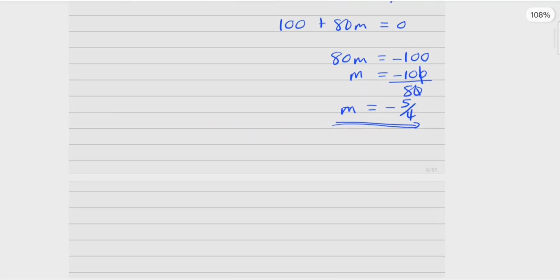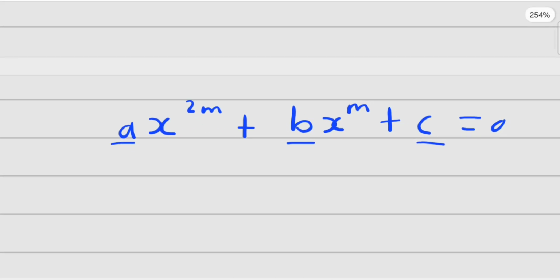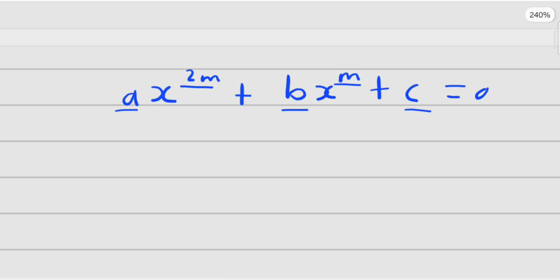And for that we get something like ax to the 2m plus bx to the m plus c equals to 0. A, b, and c are just numbers, right? So in other words, this power right here will be double this, right? Let me give you an example.